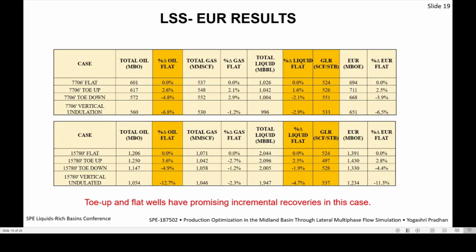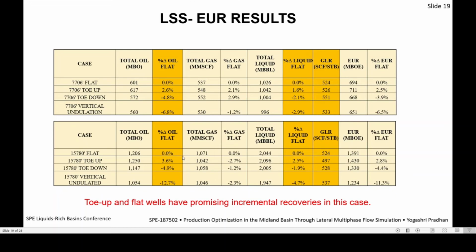Here are some of the EUR results for your 7,500 foot and your 3-mile laterals. What we've noticed here is that we compared this to the percentage change of the flat case, and found that your toe up gave you the largest cumulative production, and your undulation case gave you your lowest cumulative production.